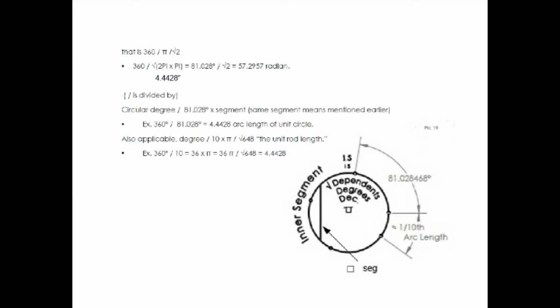Also applicable, degree divided by 10 times pi divided by the root of 648, which is a unit rod length. Example, 360 degrees divided by 10 equals 36 times pi equals 36 pi divided by the root of 648 equals 4.4428. The architect's set unit controls all measures.